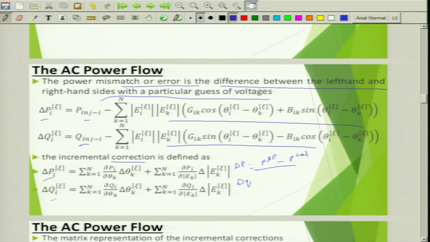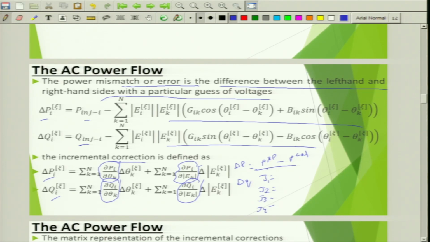Now the incremental correction is defined as delta Pi, delta Qi, which is nothing but dou P by dou theta, dou P by dou ek, dou Q by dou theta, dou Q by dou ek. You can see here 4 Jacobians: J1, J2, J3, J4.